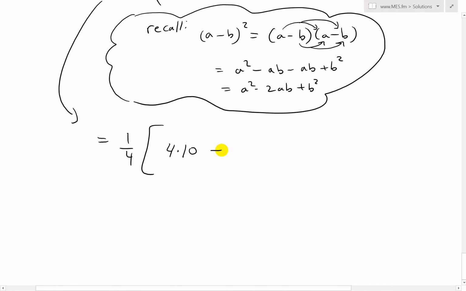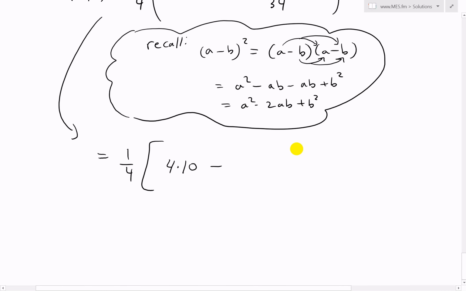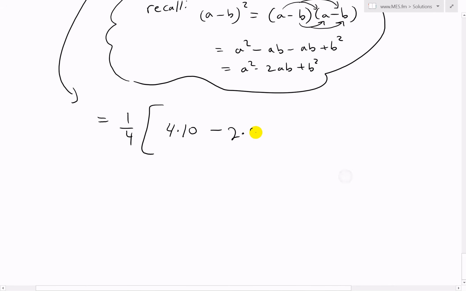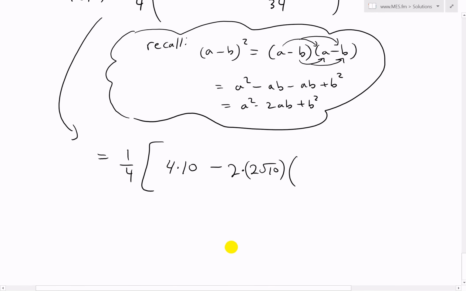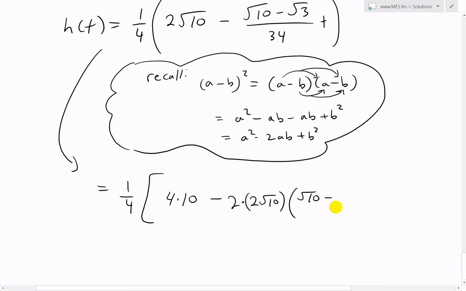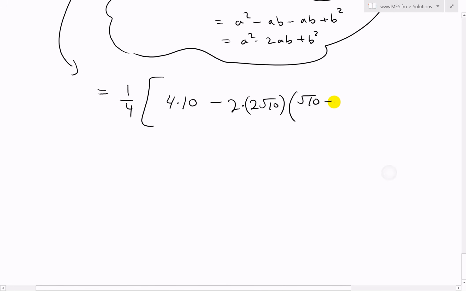And then on this side we have a 2 times this 2 square root 10, and then multiplied by this right there, which is square root 10 minus square root 3 over 34, and then there's a t there, so multiplied by t.